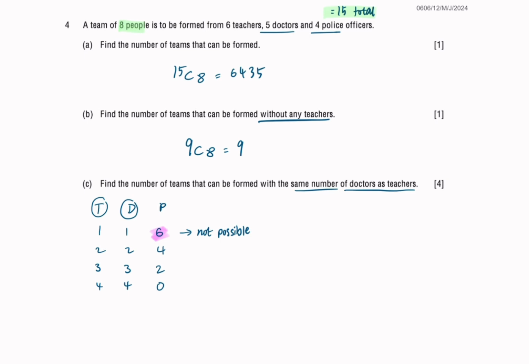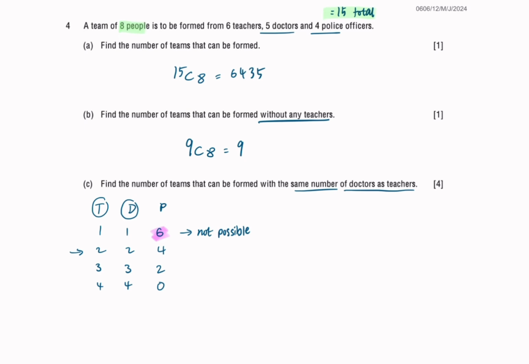And then the next will be 3 teachers, 3 doctors, and 2 police officers. This is also possible. And then if you go into the next line, it's 4 teachers, 4 doctors, 0 police officers. And it's still okay, but what if you want to go into 5 teachers and 5 doctors? First of all, it's not possible because you want a maximum number of 8 people, and this gives you 10. Now you can calculate the possibility for each of them. So we start with the second line because this is possible.